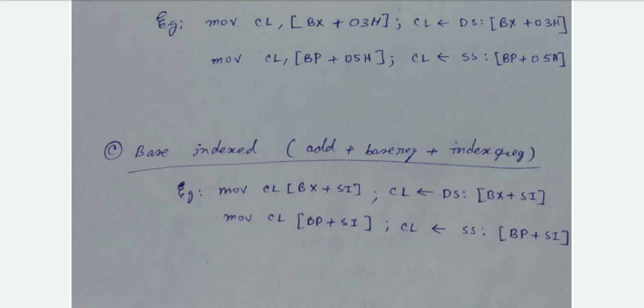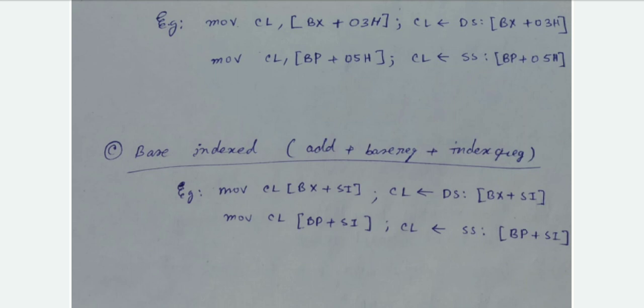In base indexed, the base register indicates the offset address of the series of data, and the SI, that means the index register, indicates the actual location under the location of the base register.